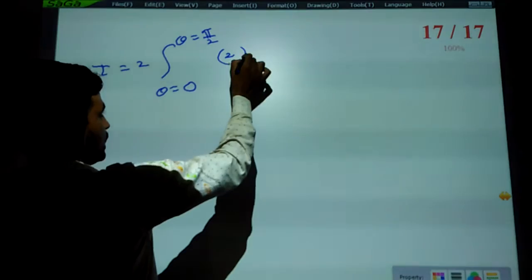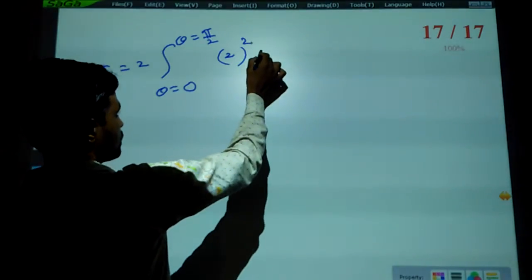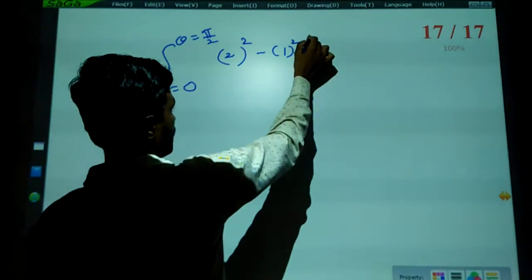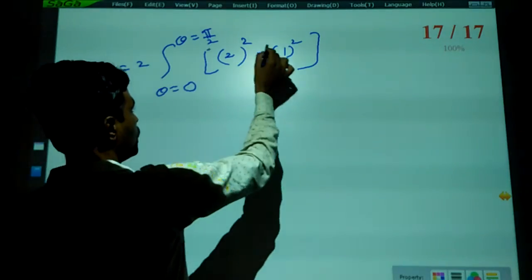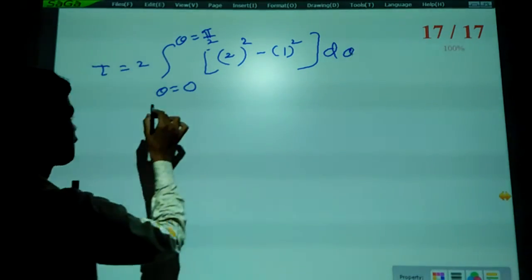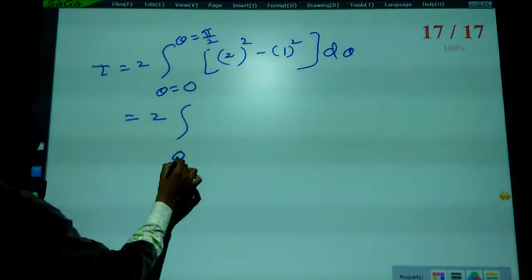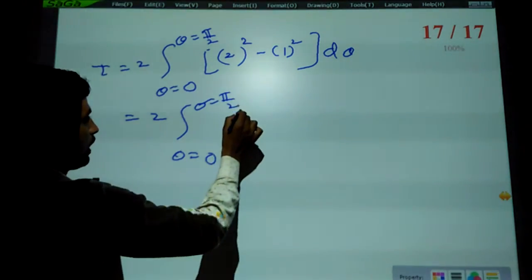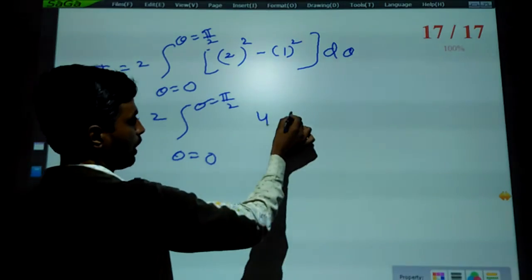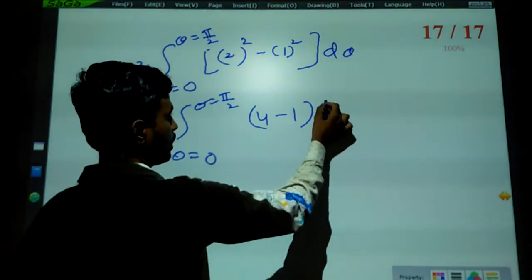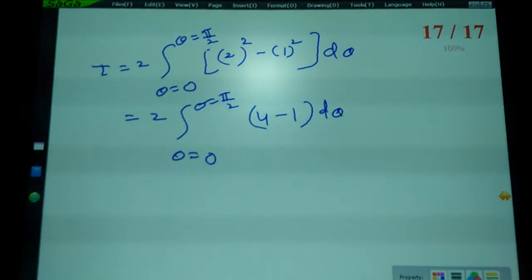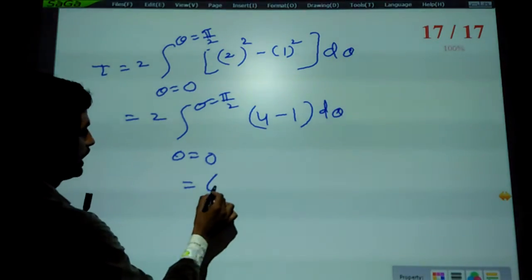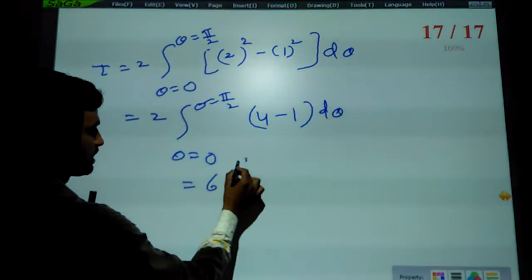Upper limit 2 squared, minus 1 squared, d theta. So 2 squared is 4, 1 squared is 1. 4 minus 1 is 3, which comes outside. We will get 2 into 3 is 6.